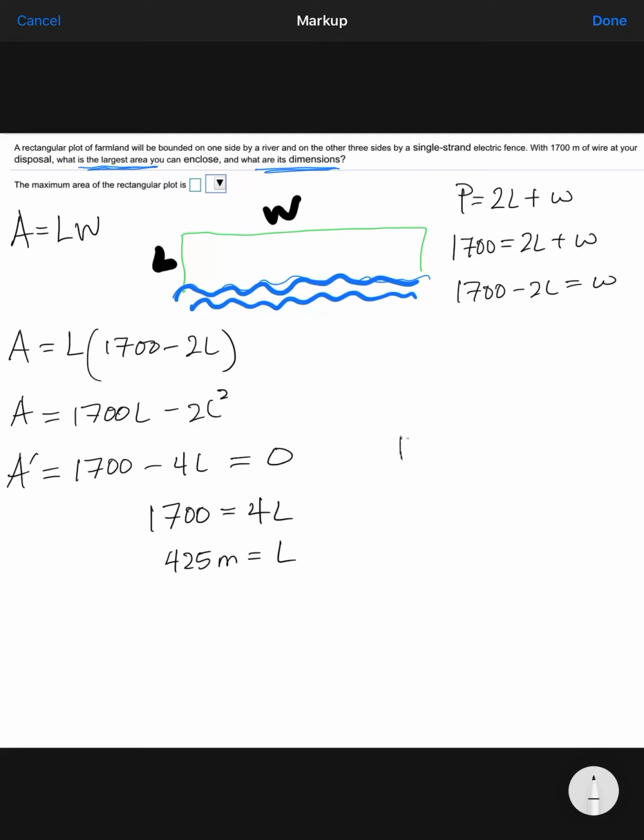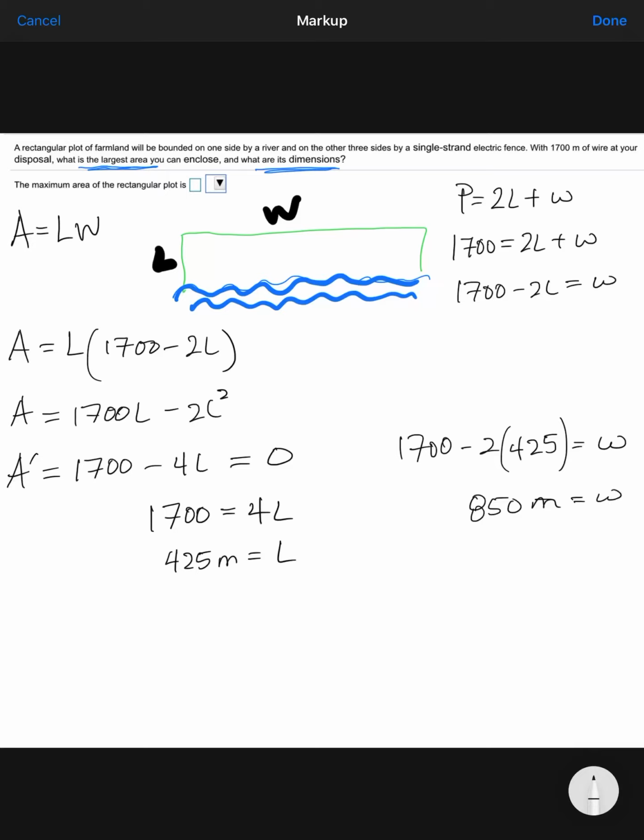We have 1,700 minus 2 times 425 equals the width. 1,700 minus 2 times 425 will give us 850. 850 meters. Units are important.